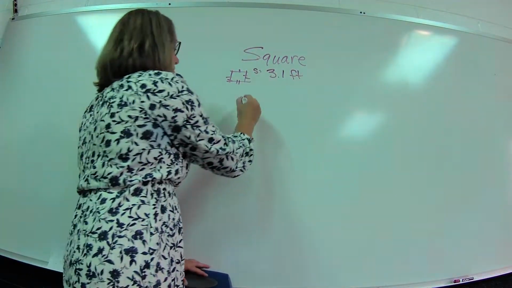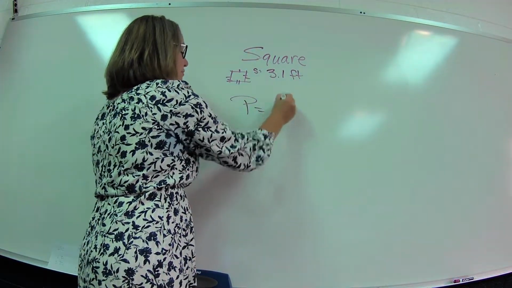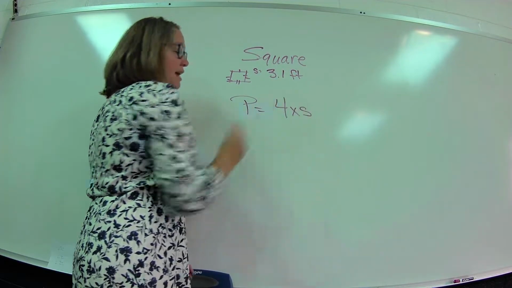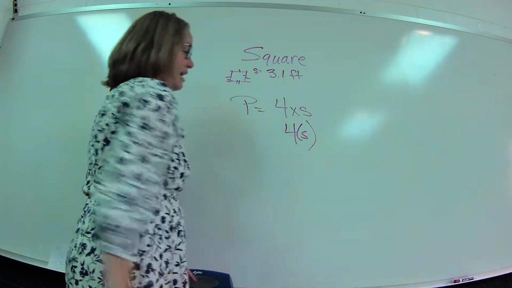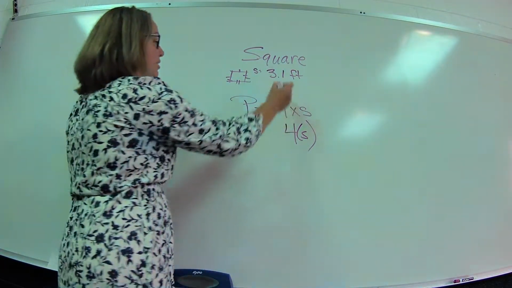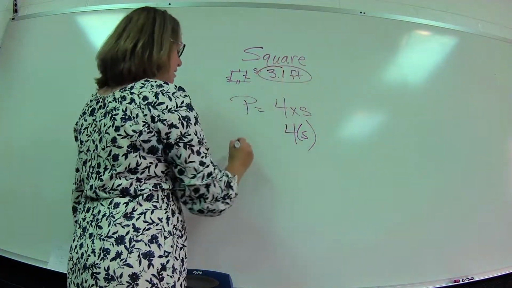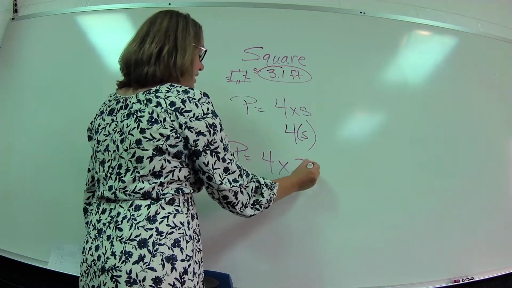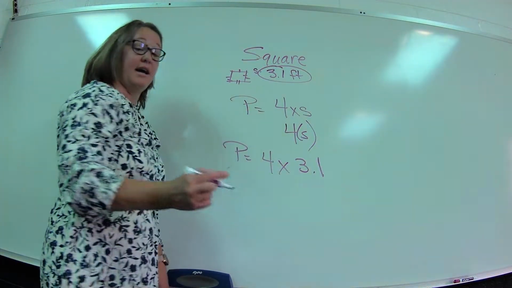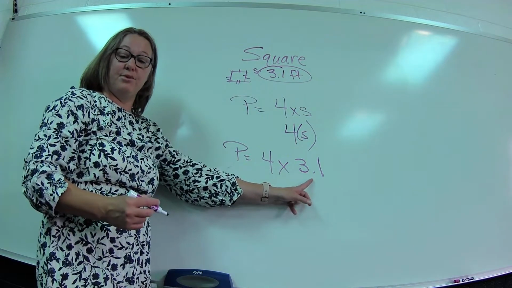So I write perimeter equals 4 times S. It's also written 4S. All right, so S is side. So P equals 4 times 3.1. Now, remember multiplication with the decimal.